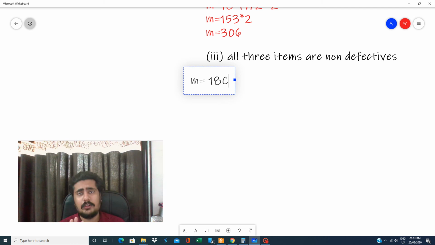Total there are 18 non-defective items. You have to select three non-defective. So the answer is very simple.